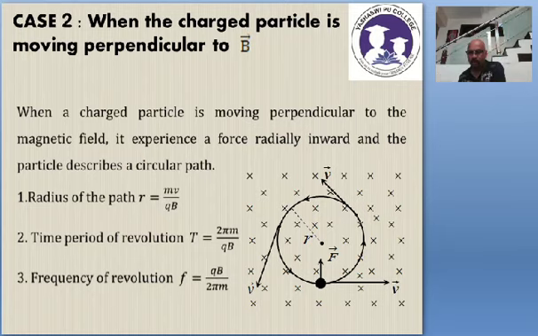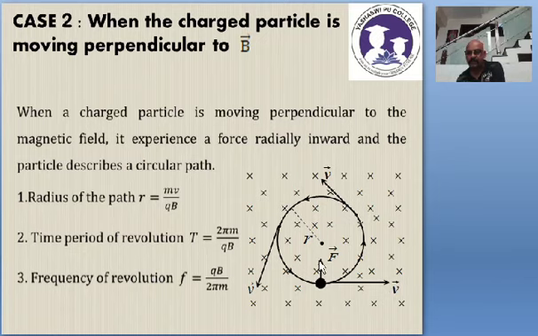So it so happens that this charge is supposed to move in this direction, and the force is acting upwards. Therefore the charge goes in a circular path. A charge is supposed to move along the x-axis, but a force is acting towards the center, and that force is the magnetic force.